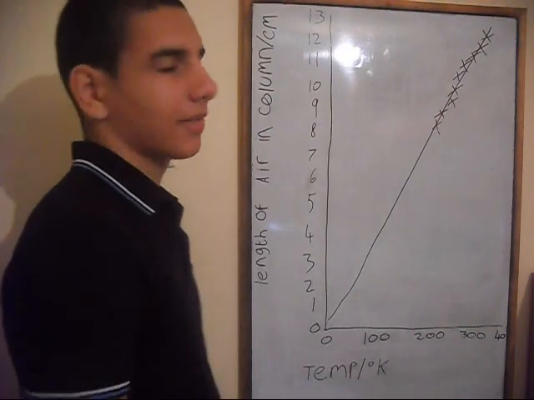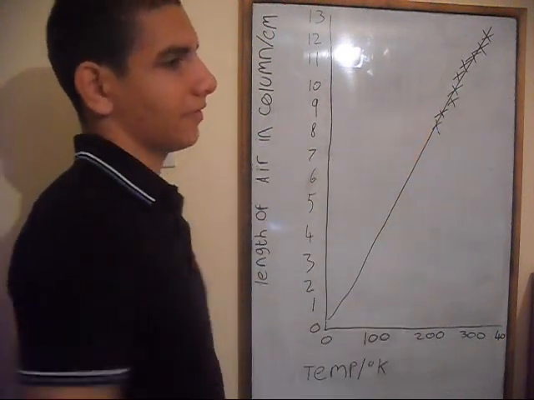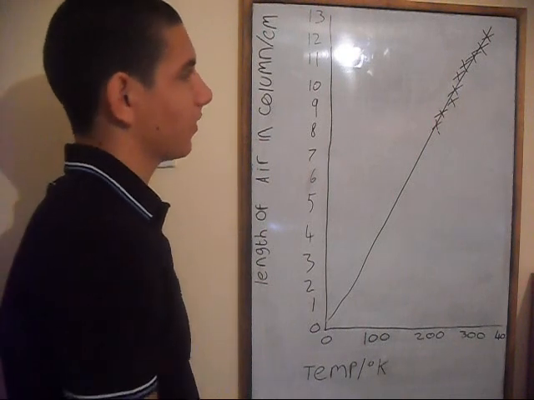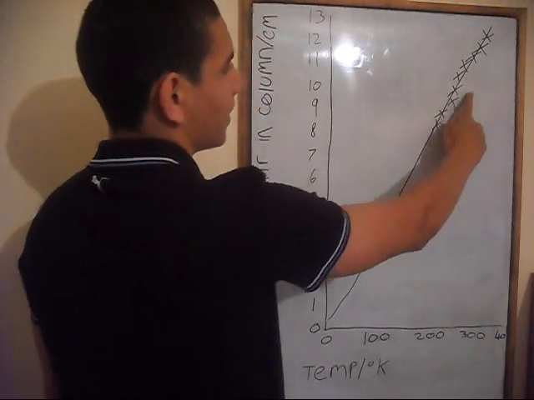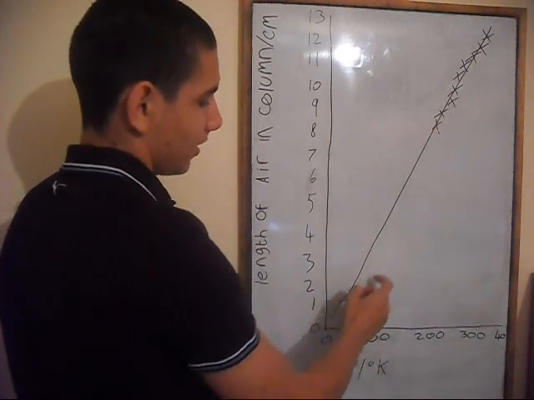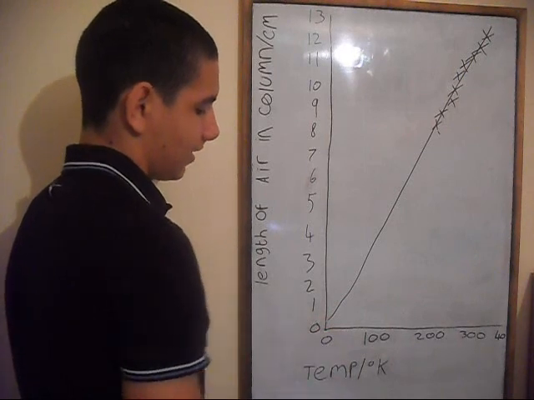So the points on that graph looked roughly like this. There are 9 points, one for every 10 degree change in temperature. After we draw those points, we draw a line of best fit through the points and carry on until it hits the x or the y axis.